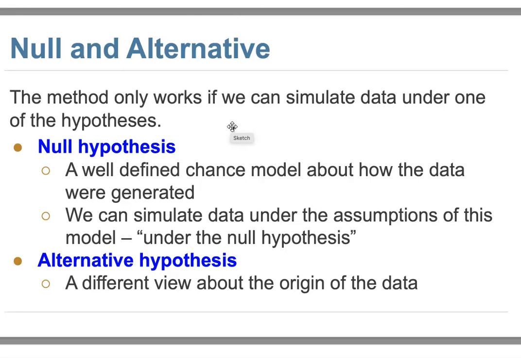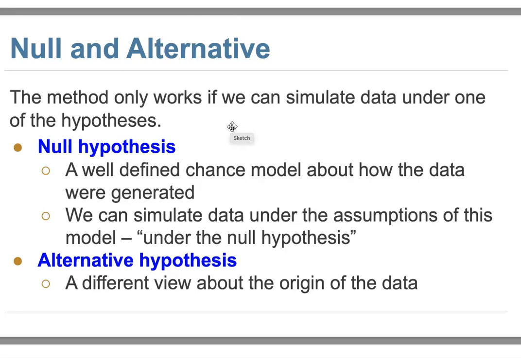The null hypothesis has a well-defined chance model about how the data were generated, so we can simulate data under the assumption of the model. We need to follow all the assumptions to do the simulation. That is what we mean by under the null hypothesis.